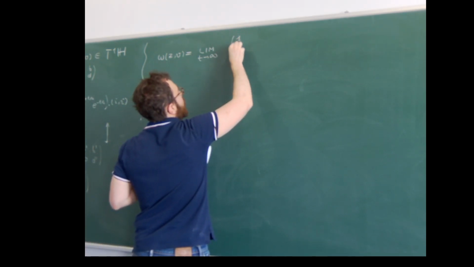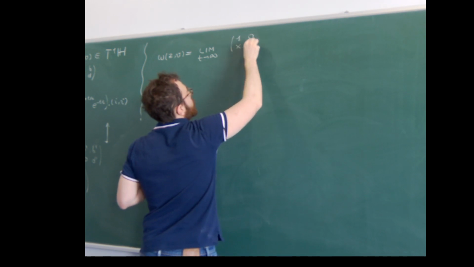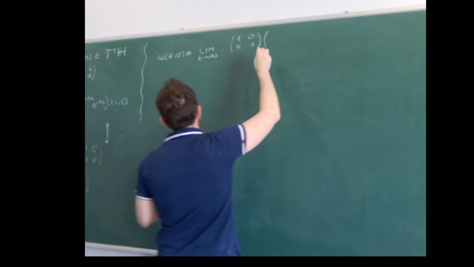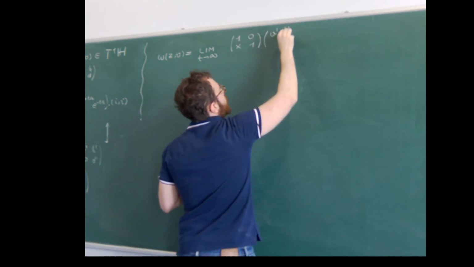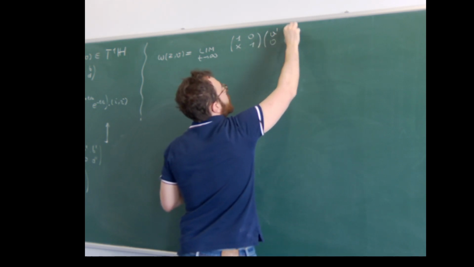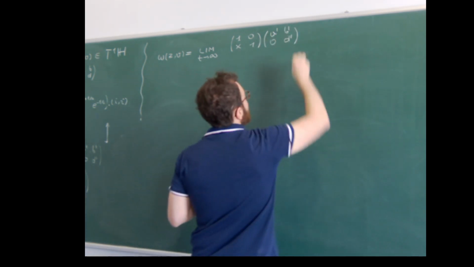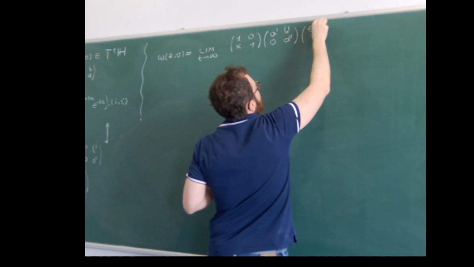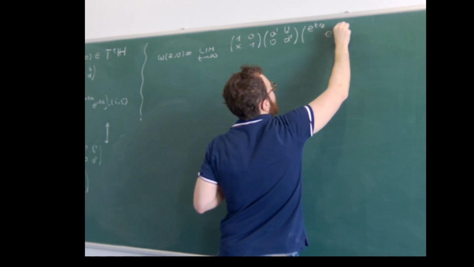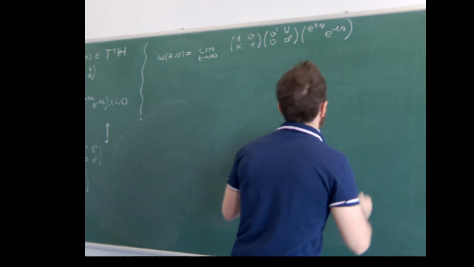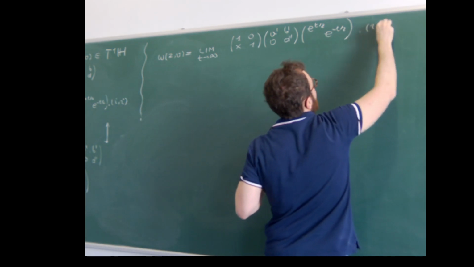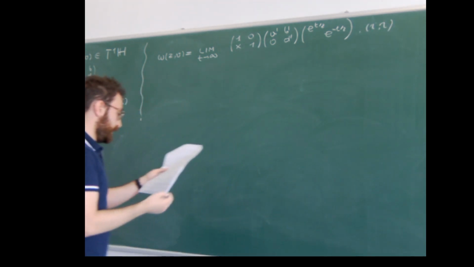So 1, x, 0, 1. Here we write a prime, b prime, b prime, 0, and then multiplication by e to the t halves, e to the minus t halves, and acting on I, right?